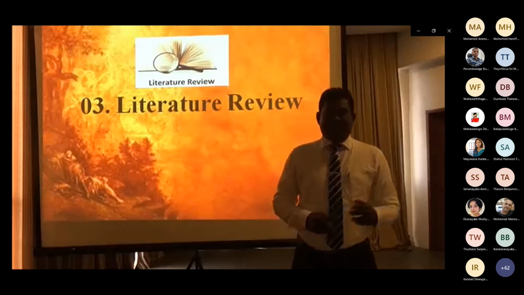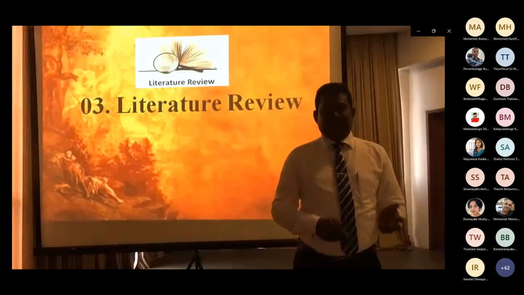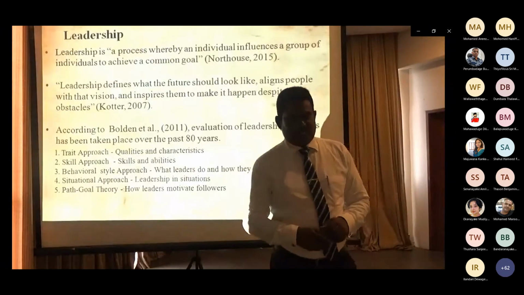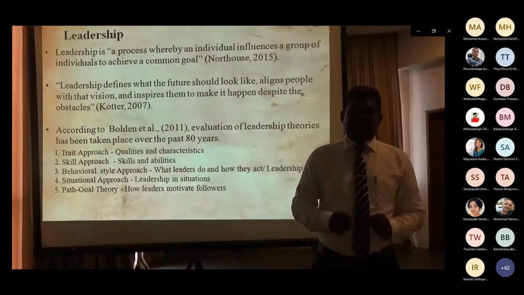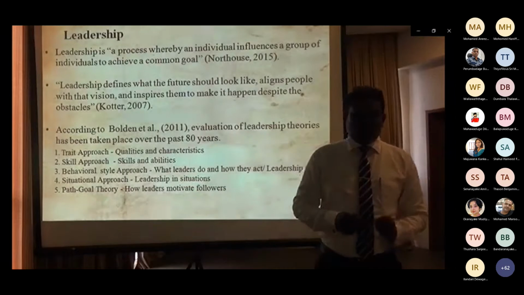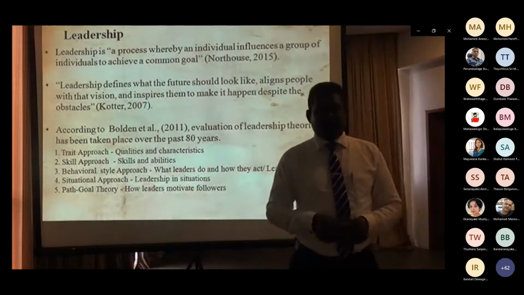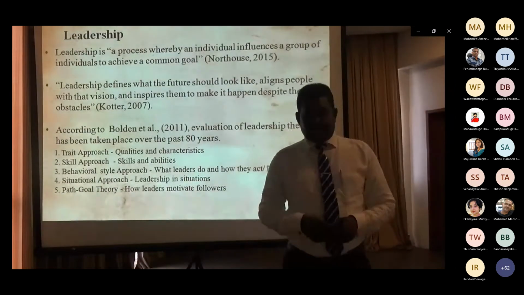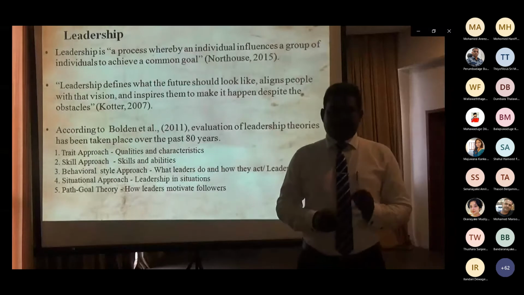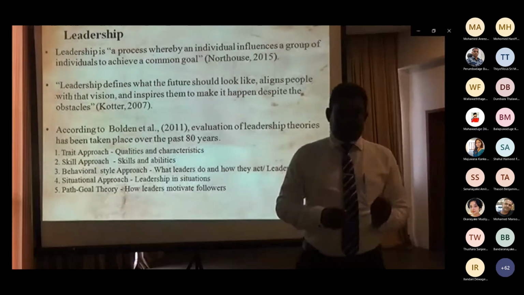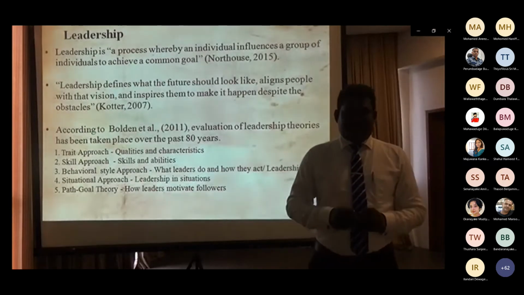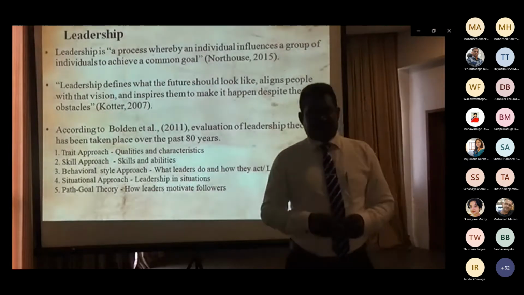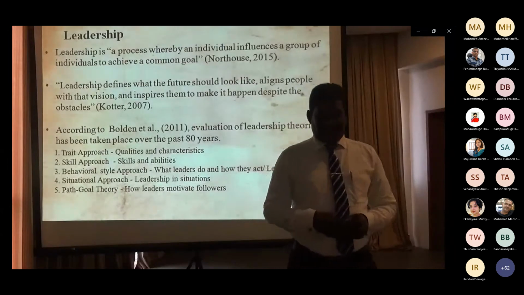Now we look at the literature part. History, what it says about leadership and leadership styles. Leadership is a process whereby an individual influences a group of individuals to achieve a common goal, Northouse 2015. Leadership defines what the future should look like, aligns people with that vision, and inspires them to make it happen despite the obstacles, Kotter 2007.